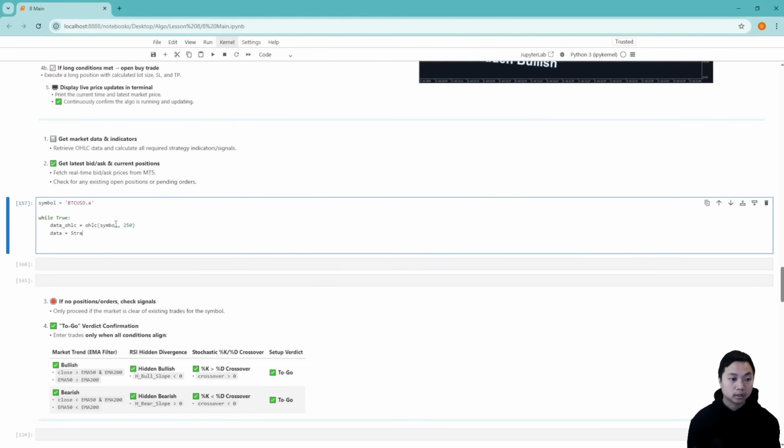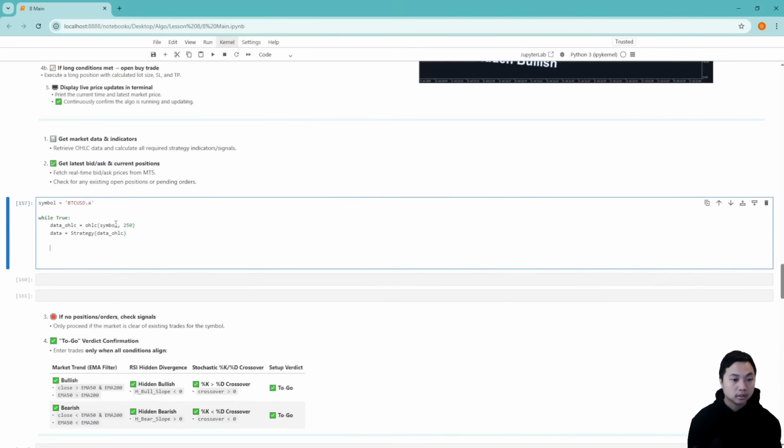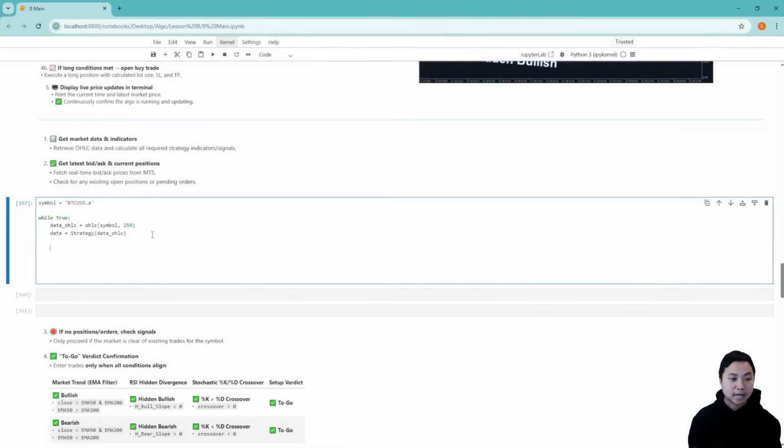Then we are going to use the strategy that we developed in the previous lessons. We capture the data, pass it into our strategy function, and return the data in a data frame. So with this while True setup, we continuously capture the recent data and put it inside our strategy.